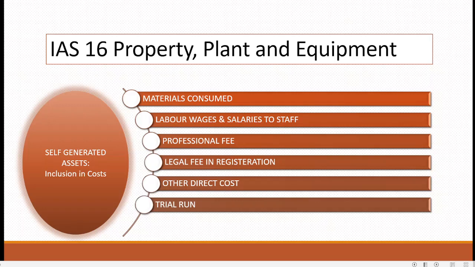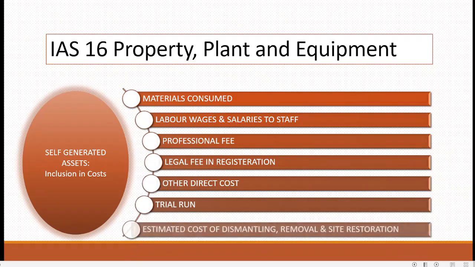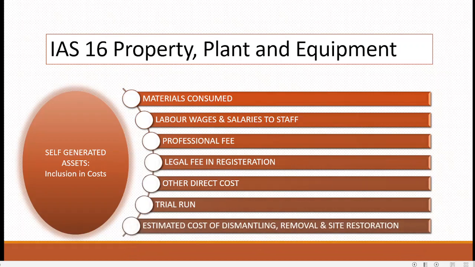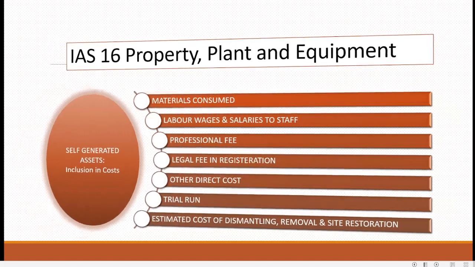But if there is no industry requirement, and management just wants to test the equipment, then that cost is not added into the cost of furniture, fixtures, and equipment, unless that cost is significant. And the estimated cost of disposal, dismantling, removal, and site restoration again has to be added if it's a contractual requirement. If it's not a contractual requirement, then you don't need to add it.